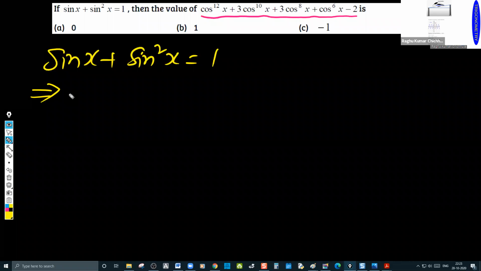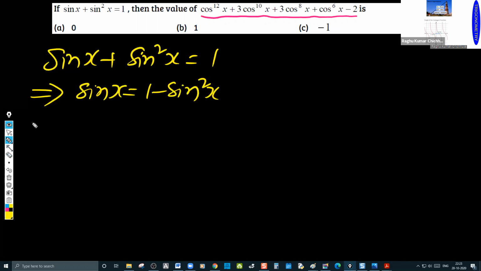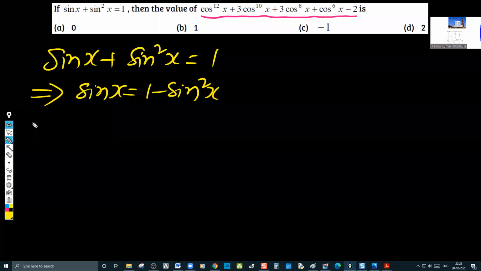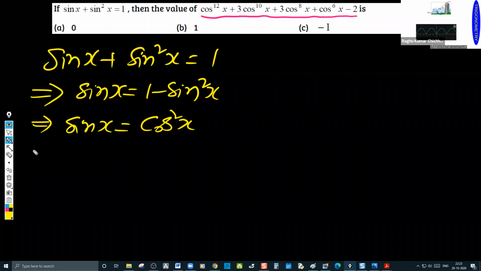Let us try to convert this to only cos. Sin x equals 1 minus sin square x. What is 1 minus sin square x, please? Cos square x. Yes. But we want the entire expression in terms of cos only.